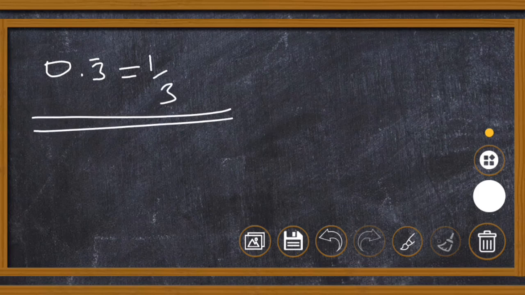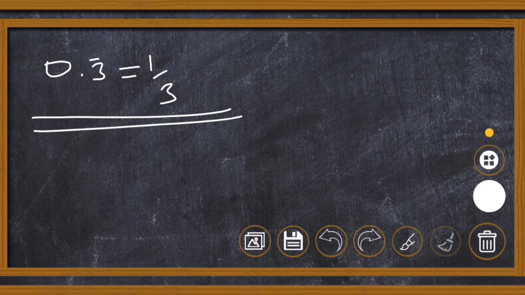So this is the answer. If you want to prove that the right side equals the left side, all you have to do is divide the fraction, and you will see that it is going to give you the value of the decimal number.